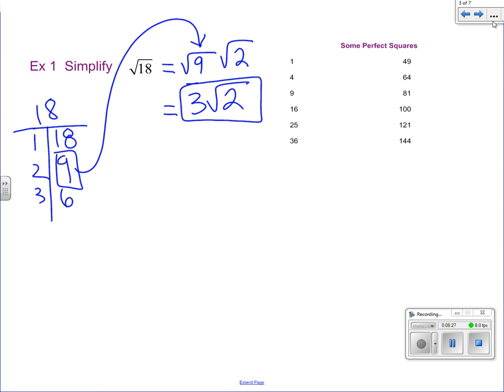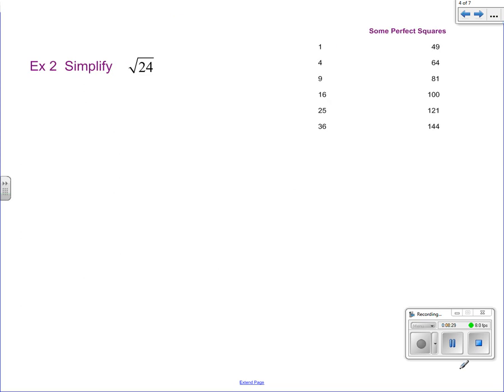All right, now, let's do another example together. Square root of 24. What's the biggest perfect square that goes into 24? What are you thinking? 9? Did you really just say 9? What is it? It's 4, right? It's 4.